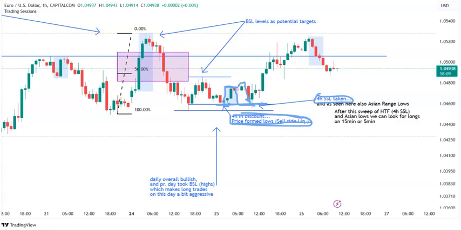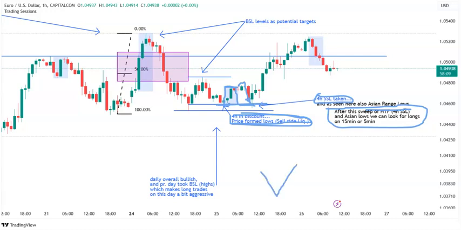So at that point of time, we had daily bullish, 4-hourly took sell side liquidity and Asian range lows, and after this sweep of the higher time frames, 4-hourly sell side liquidity and Asian lows, we can start looking for longs on lower time frames.